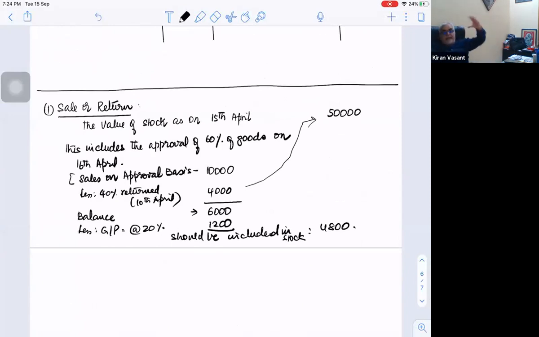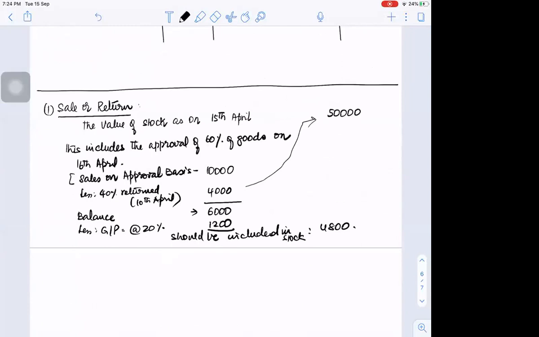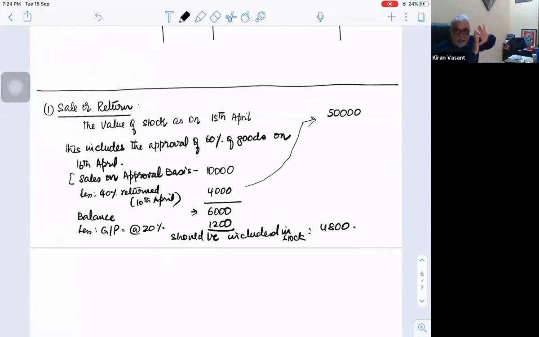We are trying to find out what is the closing stock on 31st March. And we are doing that by looking at the stock as on 15th April. Correct? A little while ago, I told you, when there is a sale or return, you need to do two things. One, you need to reverse the sale, and two, you need to add the cost of goods lying with the customer to your closing stock.